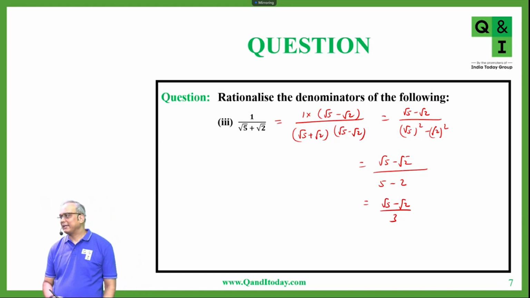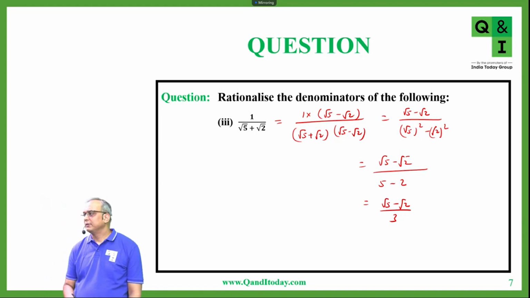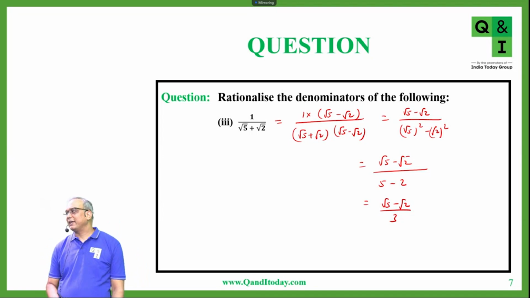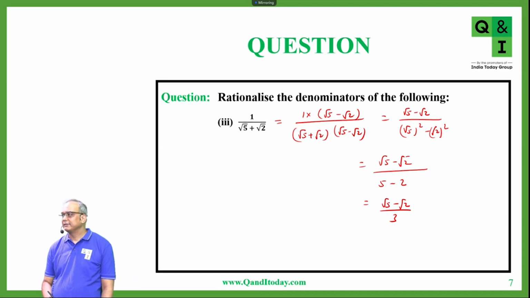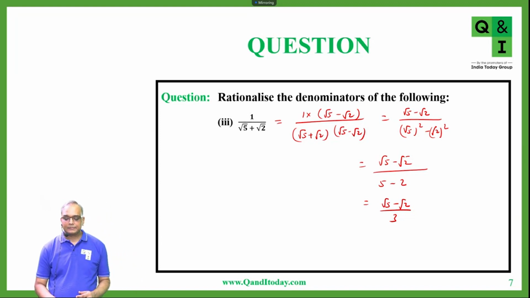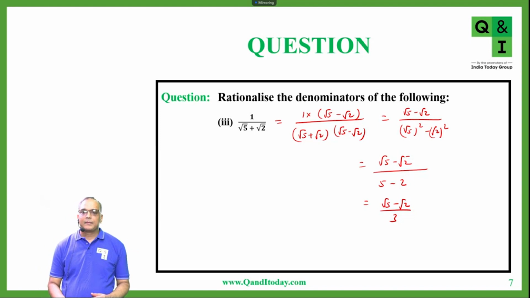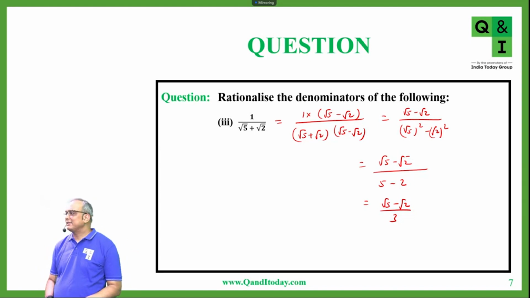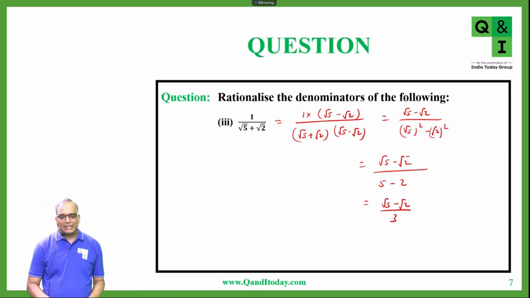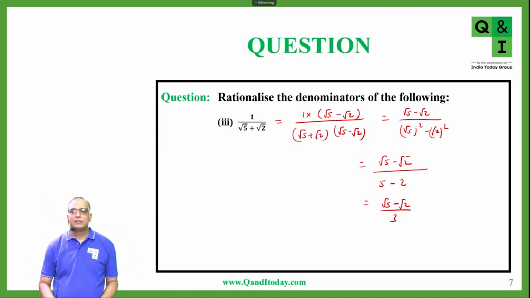Yes, Anay, it is correct. Root 5 minus root 2 by 3. Rudra and Anay, both of you are correct. Good. Everyone else? Yes, Aditi, you are also correct. Everyone else, please note this down.